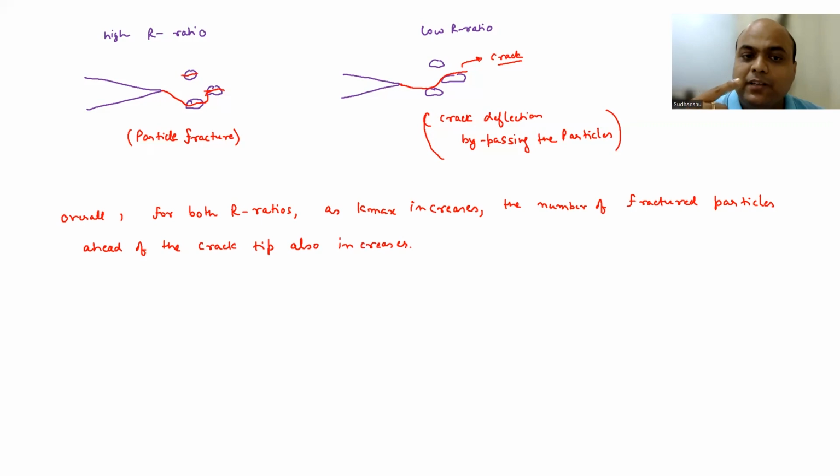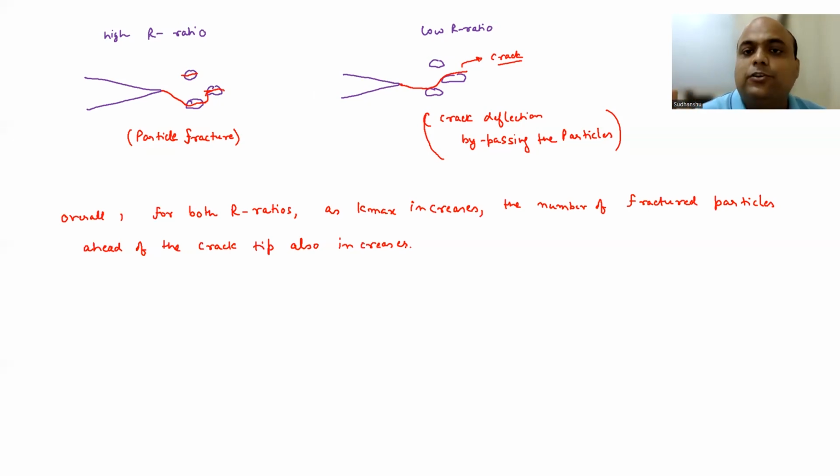But if you increase the crack length, see, you're doing fatigue, so crack length is going to increase. So after a certain number of cycles, your crack length has increased sufficiently that at low R ratio also, because of the increase in crack length, your Kmax is higher, right? So after a certain point, in low R ratio, the magnitude of particle fracture is also going to increase. Okay. So when you start the test, your crack length is lower.